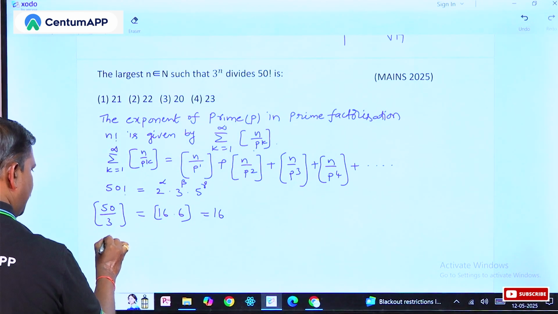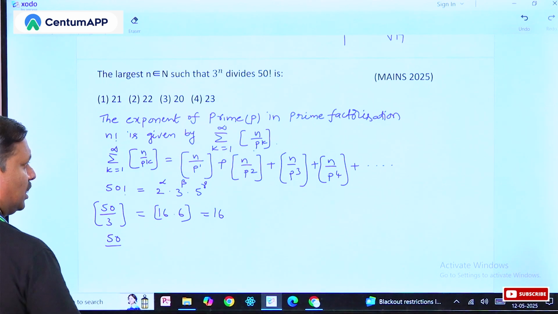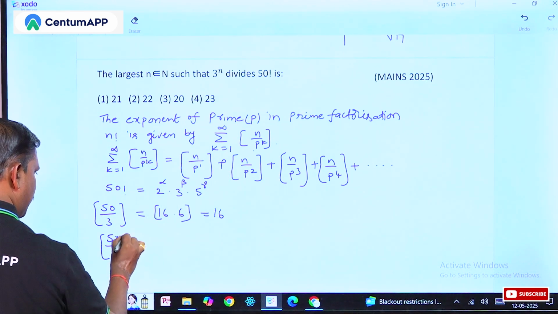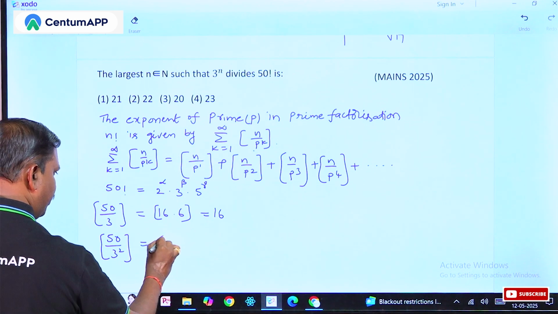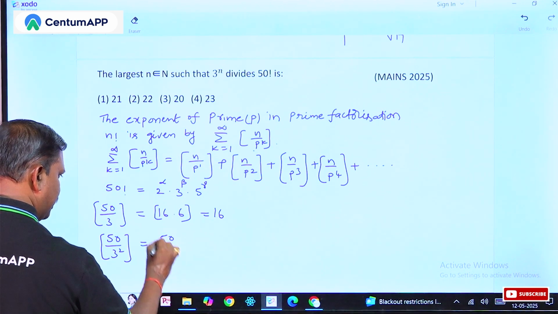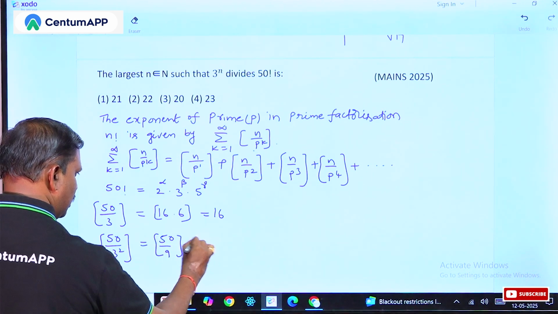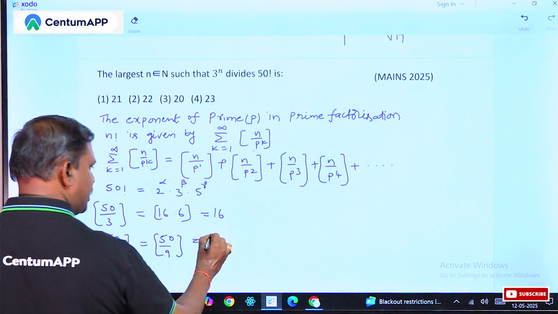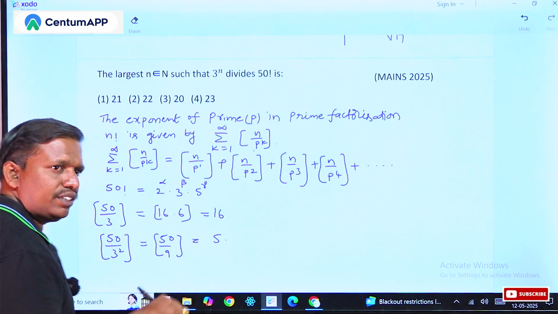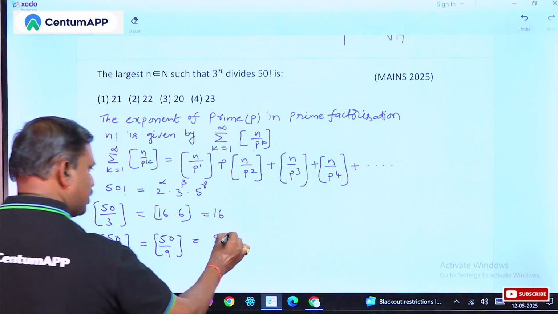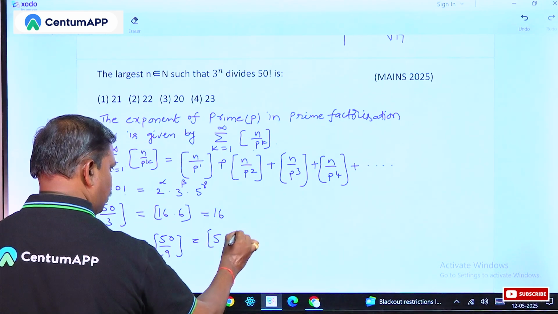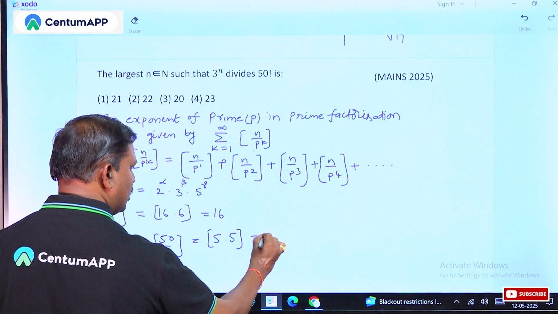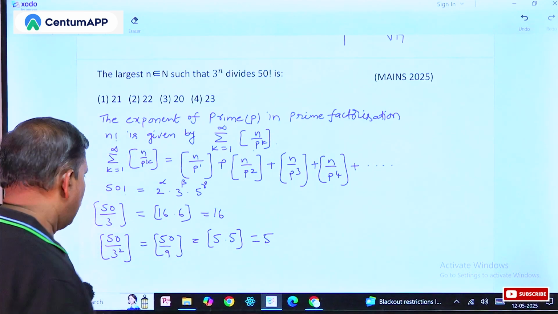Next, 50 by, for k value 2, 3 square, that is 50 by 9. 50 divided by 9: 9 fives are 45, remainder 5, approximately 5.5. The bracket function of 5.5 gives 5. Yes. Next.